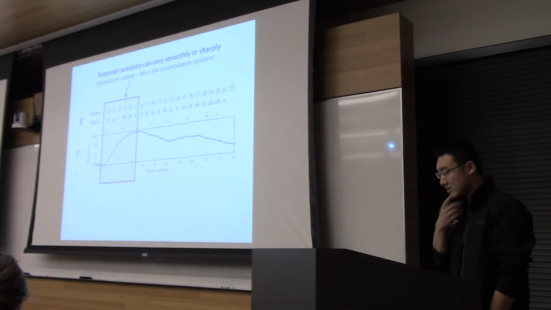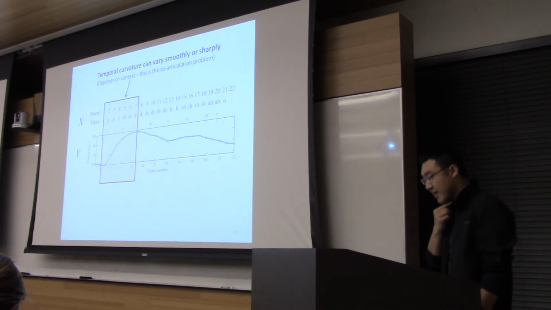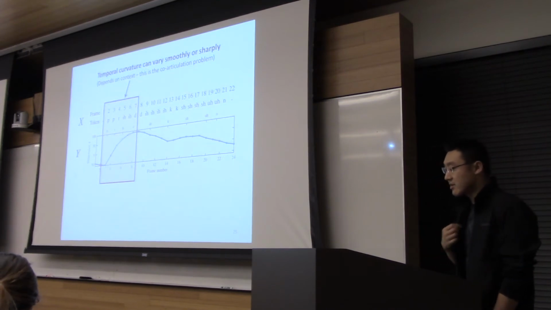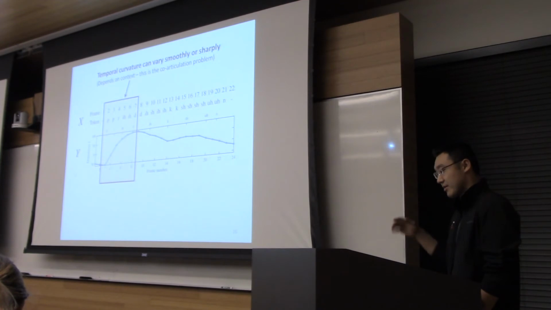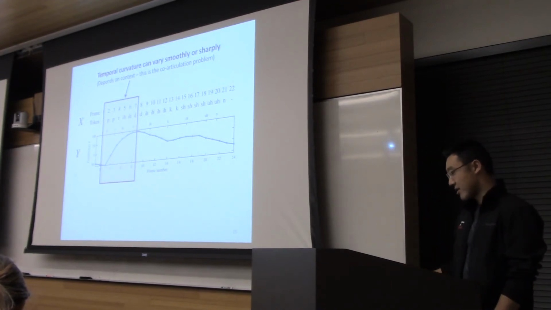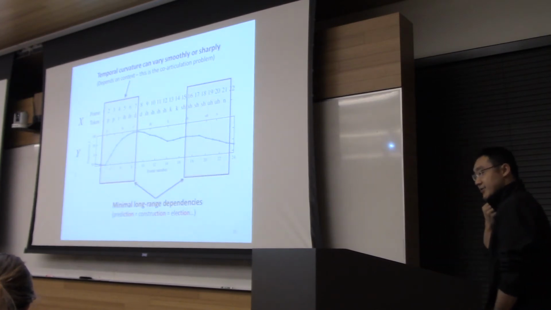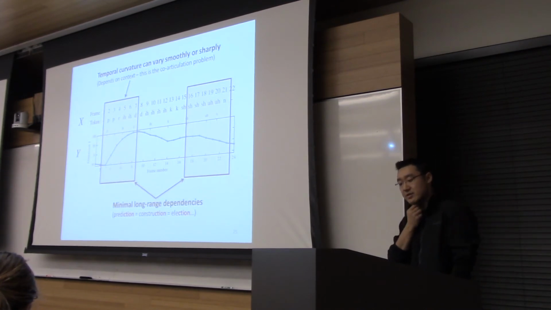First, temporal curvature can vary in seemingly arbitrary ways in a local window. Here it opens very sharply, other places it can be very smooth, and it seems to depend on the neighboring context. On the other hand, like in edge detection, there seem to be minimal long-range dependencies across time.